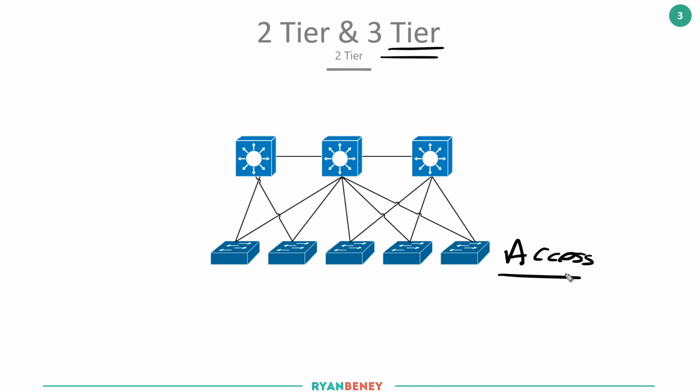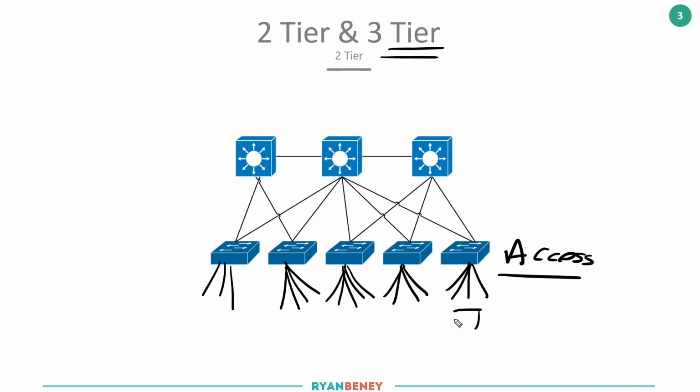Let's have a look at access. Access is the bottom tier, and when I say bottom, I mean it's the tier that's facing the end users. So remember when we looked at our networking components, we said PCs, servers, access points, all of that. Well, normally they all sit off the access layer. And the access layer has one job, and the job is to simply provide access.